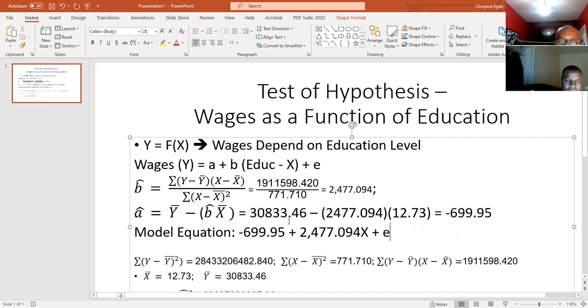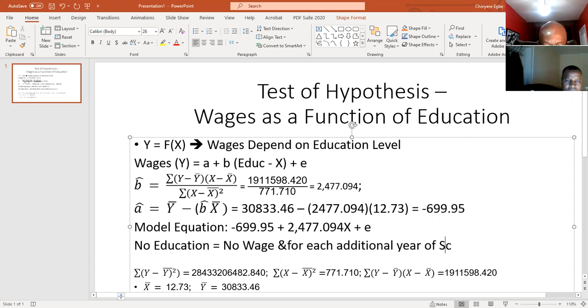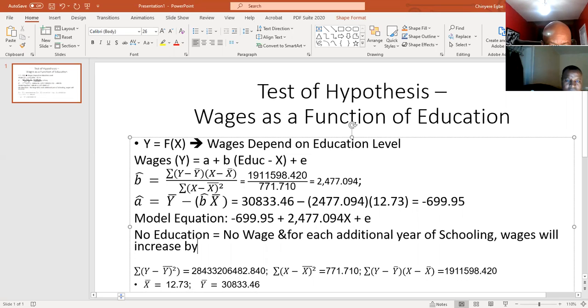Now, the next thing is: no education equals no wage, and for each additional year of schooling, wages will increase by 2,477 and 9.5 cents.